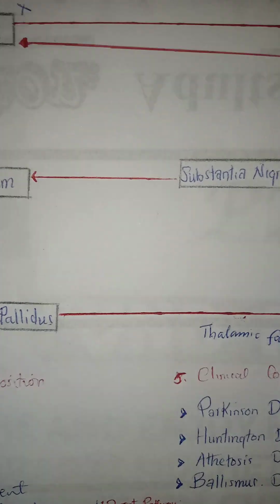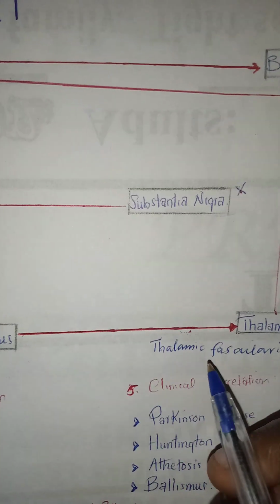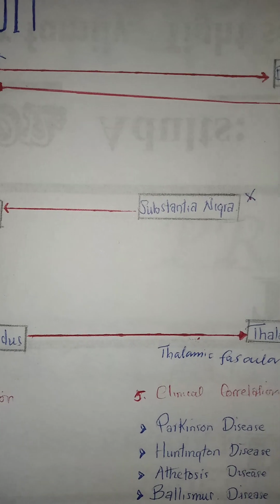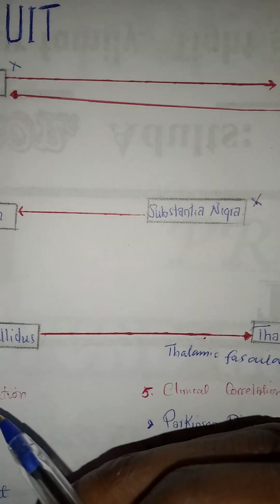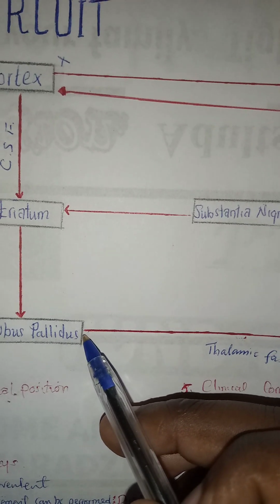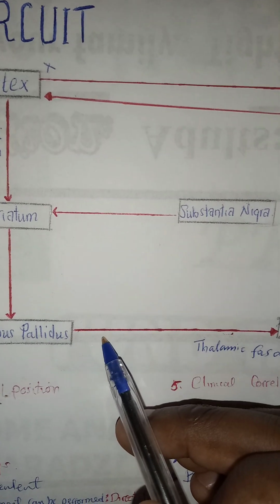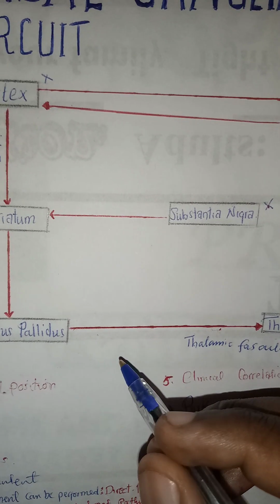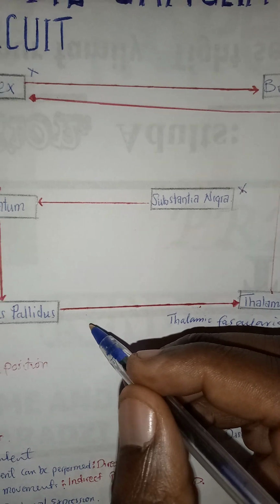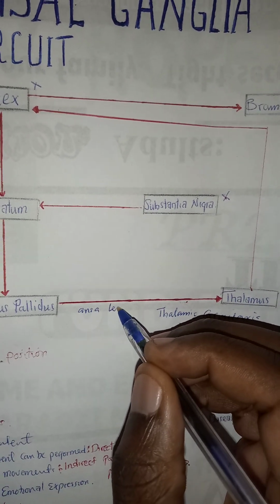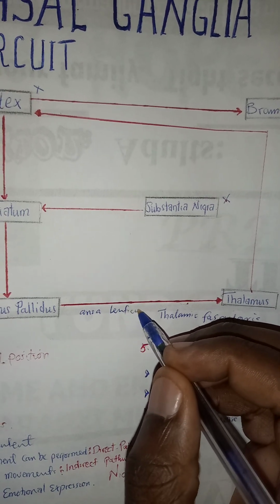Okay, so this thalamic fascicularis consists of two pathways. In other words, the globus pallidus consists of 2 pathways, so it can send fibers to the thalamus via a pathway which is called ansa reticularis. So you have the ansa lenticularis.